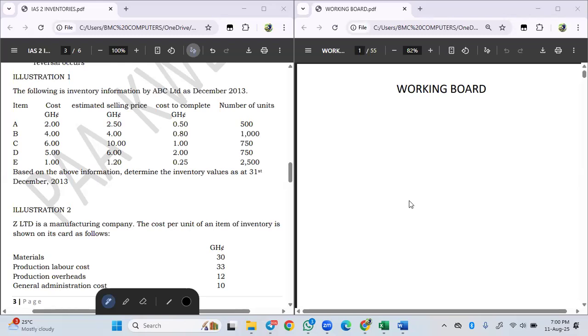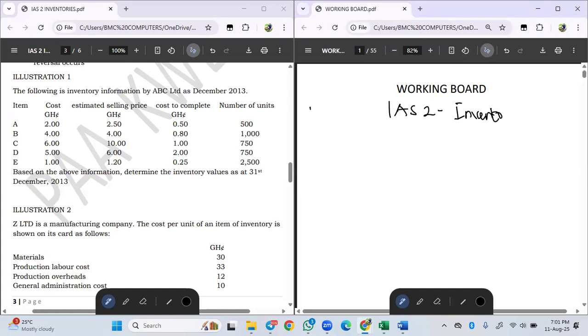So we have to determine the cost of these inventories, right? So you just have to know that you measure the inventory at the lower of cost and also net realizable value. And if you know how to calculate these two things, you don't have a problem under this standard.